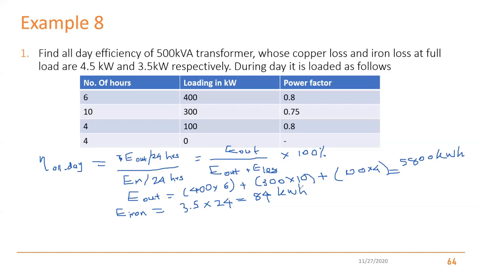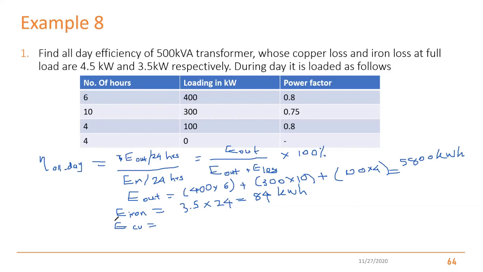So the next thing we have to find out about is the other loss, which is obviously copper loss. If I can find the copper loss, then I can add E out, E iron and E copper to find the total E input. Then we can find the all day efficiency of the transformer.